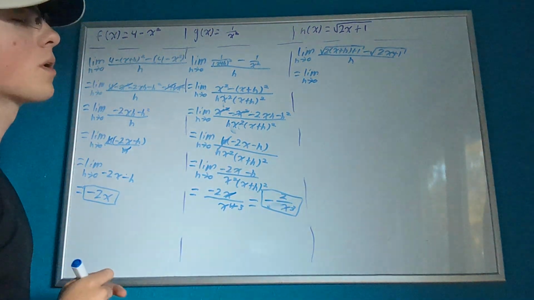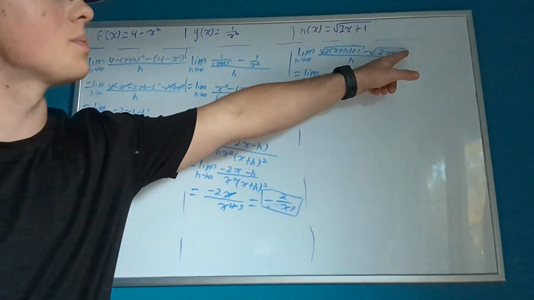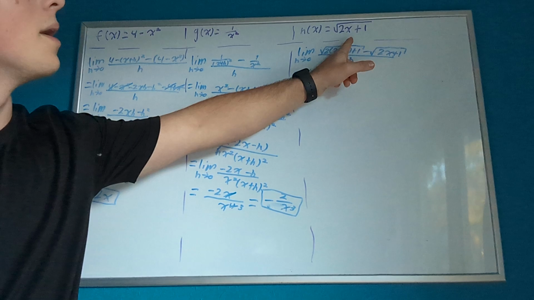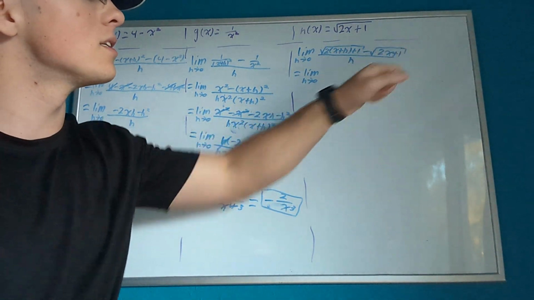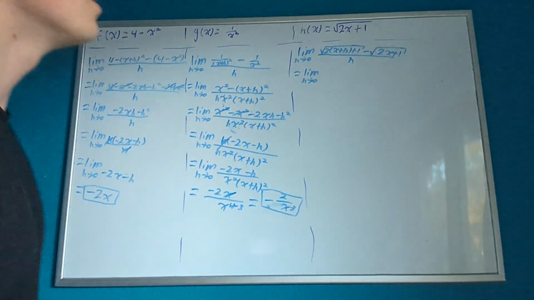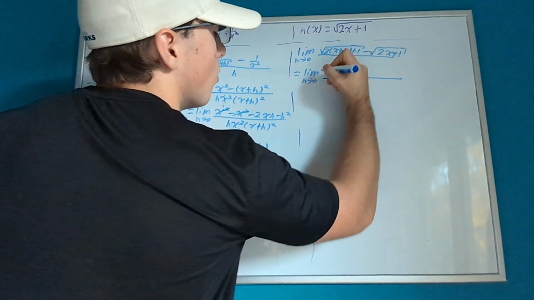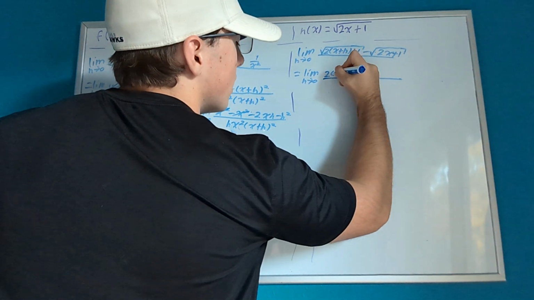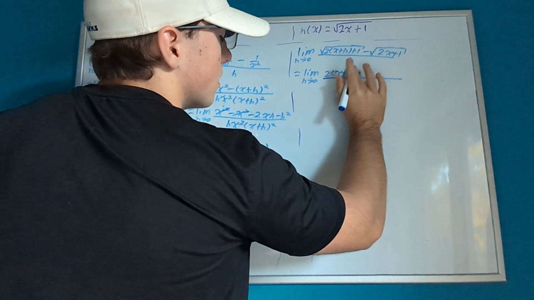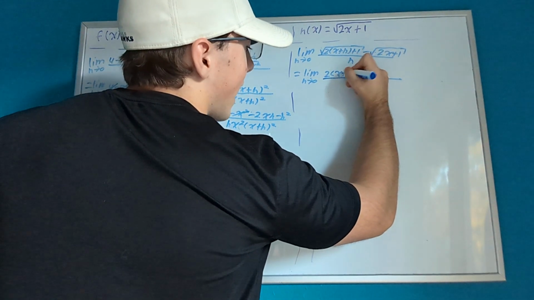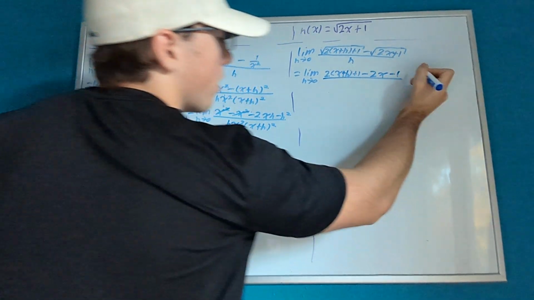So now what we're going to do is we're going to use the difference of squares, and we're going to multiply both the top and the bottom by the square root of 2x plus h plus 1 plus the square root of 2x plus 1, okay? We're going to be using difference of squares. So on top, we'll end up with 2 times x plus h plus 1, then minus 2x minus 1, okay?